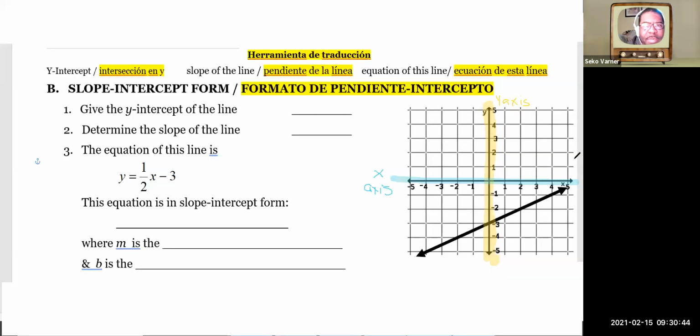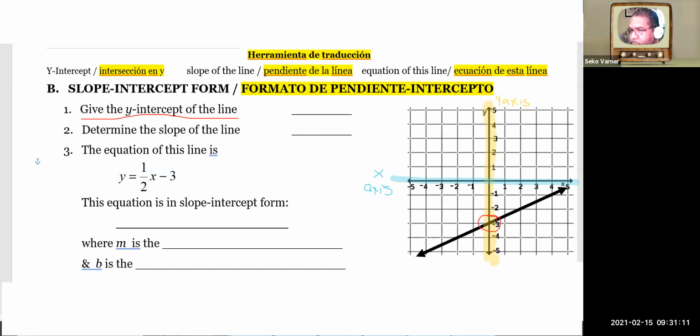So let's carry on. In this case, you'll actually probably see this one. All right. So it says give the y-intercept of the line. So here's the y-axis. Here's the x-axis. So the y-intercept is where this line crosses the y-axis. This is the y-axis, and that's where it crosses right there.